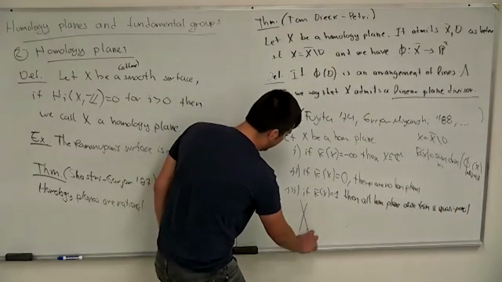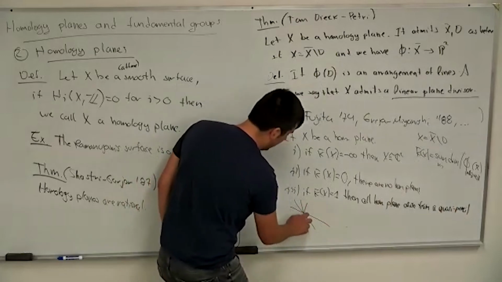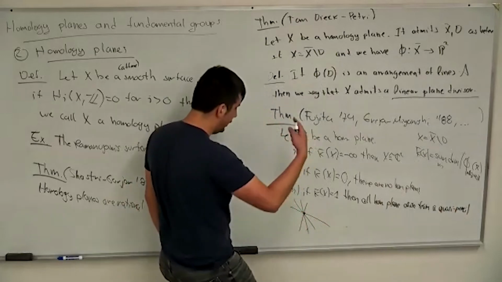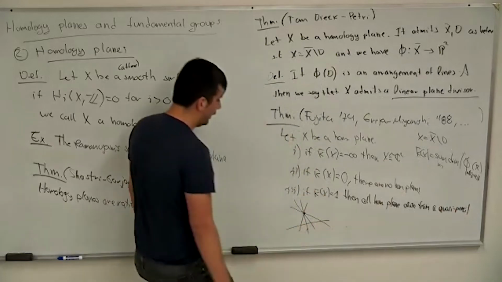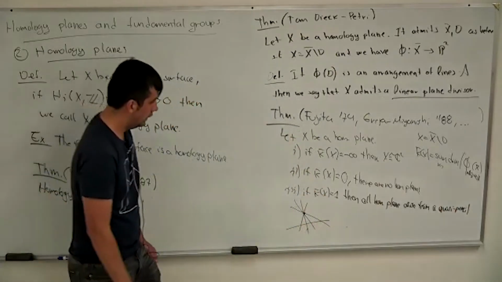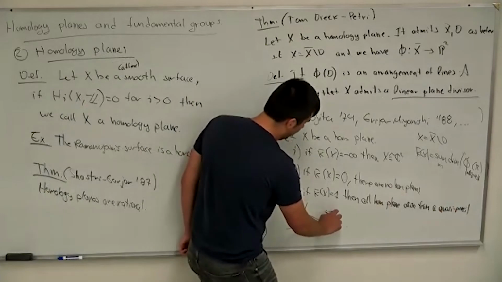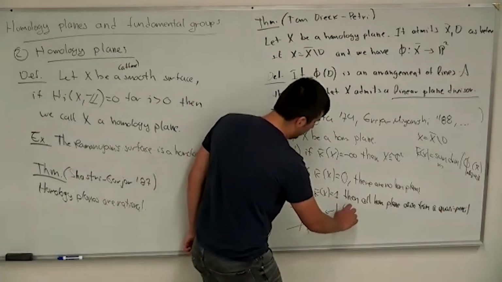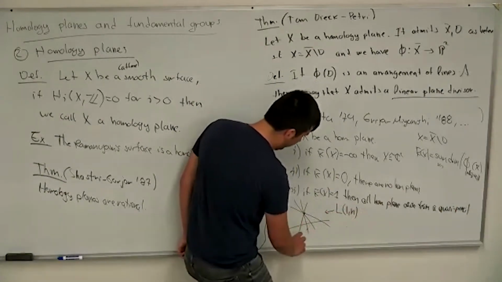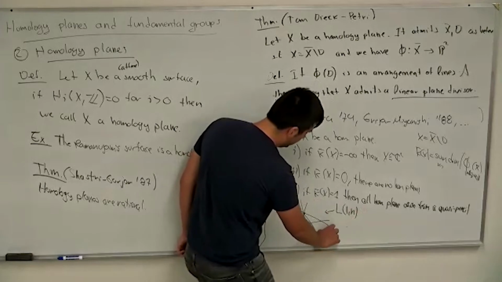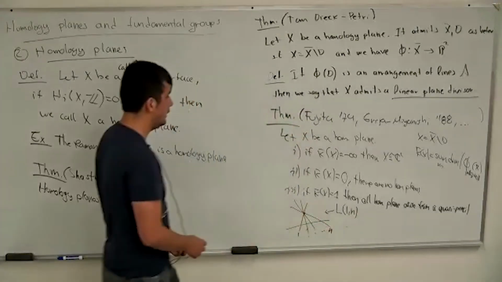You have an arrangement of lines that has only one higher multiple point, and you have a transverse line, and this is called, let me write it like this, L1n. So you have n lines here plus one transverse.